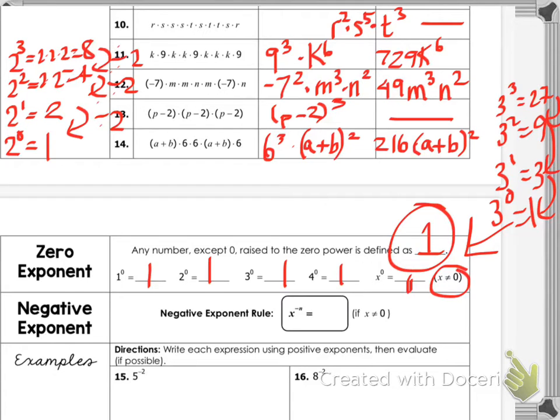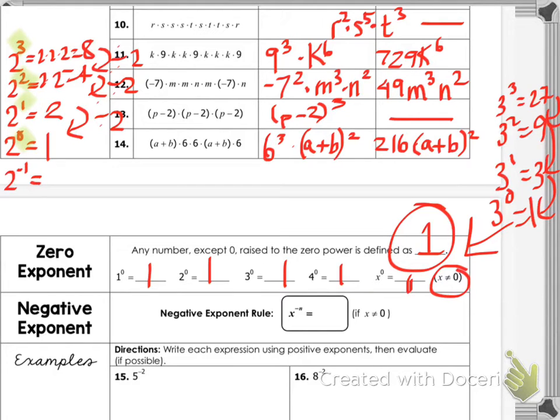Alright, now as we take a look at negative exponents, we can go back to this very same pattern up top. If I'm looking at my exponents here, I had 2 to the third, 2 to the second power, 2 to the first power, and now 2 to the 0 power. If we continue on with that pattern, the next exponent, because I'm now decreasing by 1, would be negative 1.